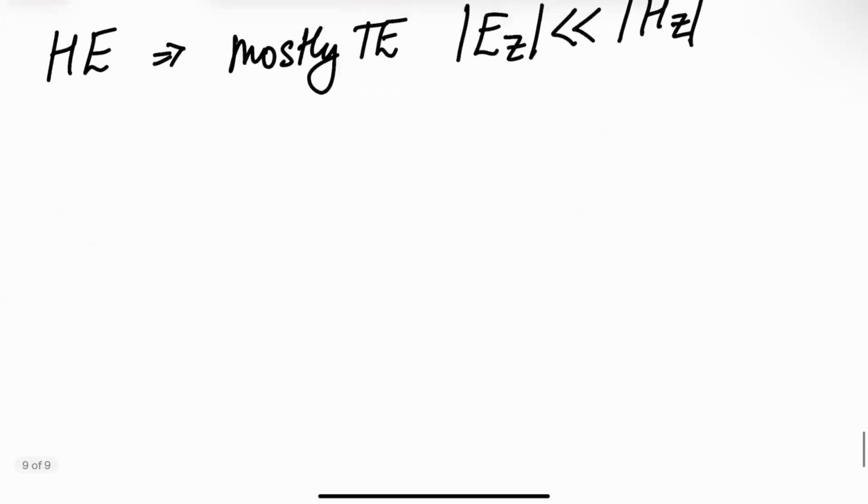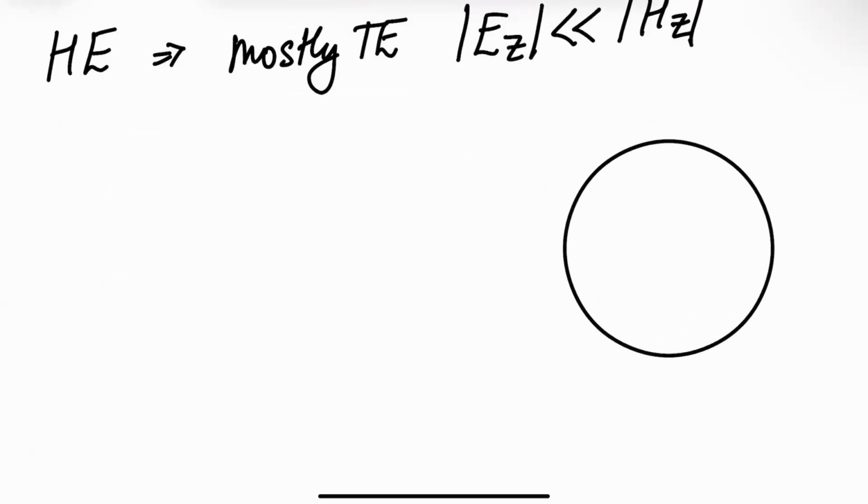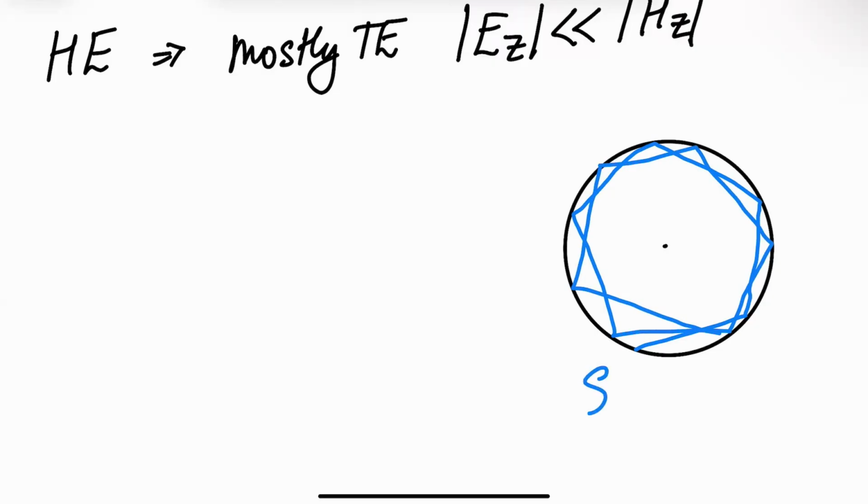So we can maybe also look at the ray picture. What does the ray picture look like? So if I draw the cross section, let's say that's the center, the ray propagates like this. It's bouncing off of the edges and doesn't actually intersect the axis. Okay, so these are called skew rays.